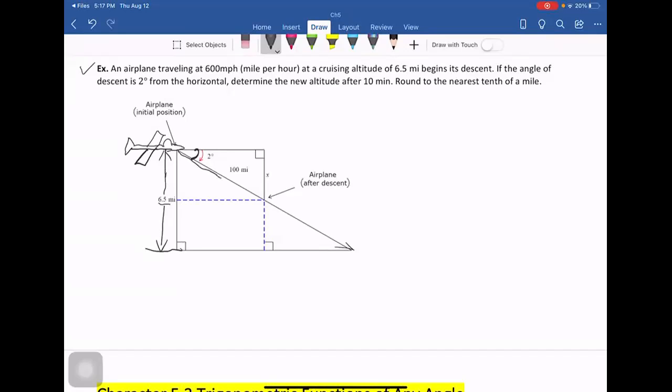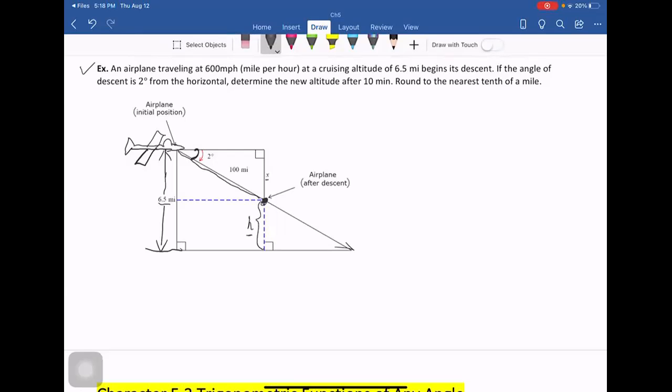The airplane keeps going in this direction. When the airplane got here, it had traveled for 10 minutes. We are looking for the altitude, the distance from this point to the bottom. So we can put h here. Assume the height we are looking for is h, and here is x. So how to find the h?